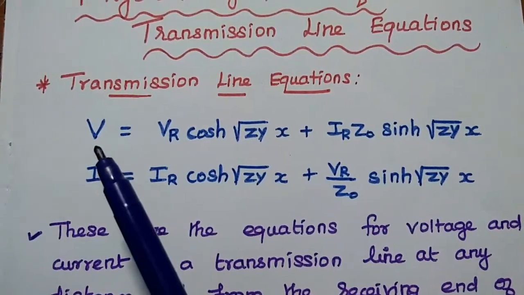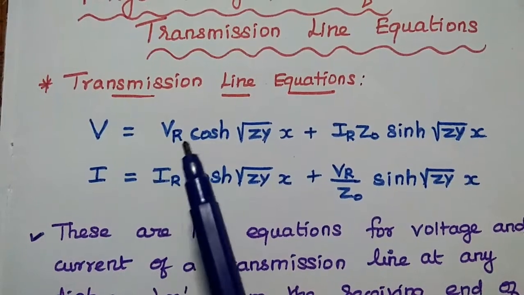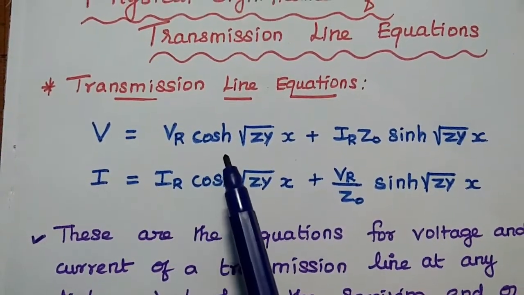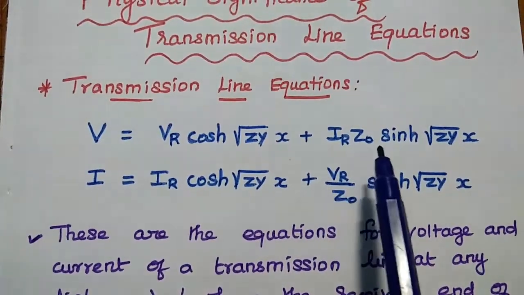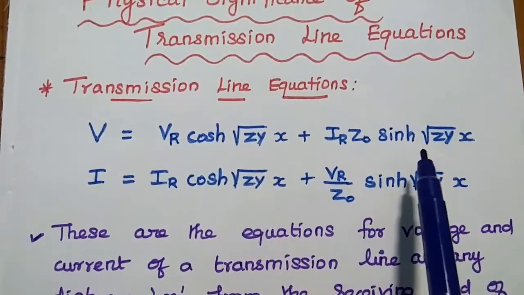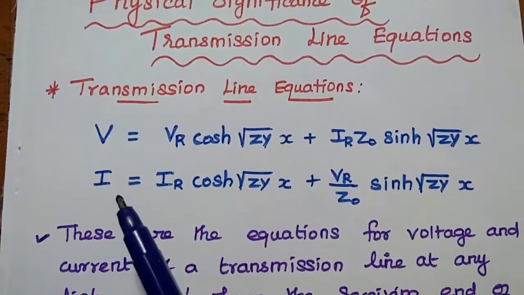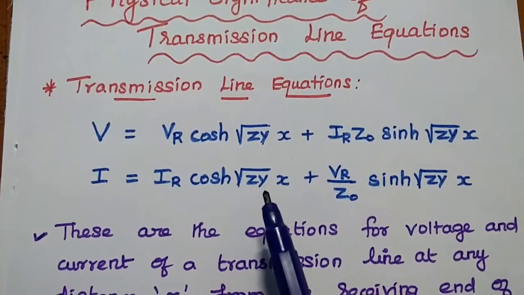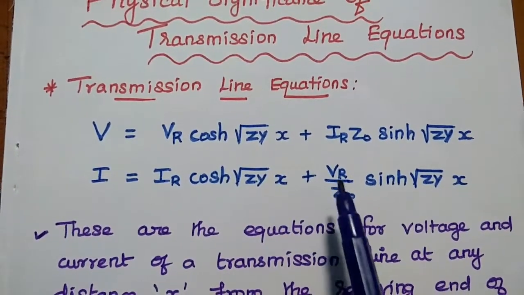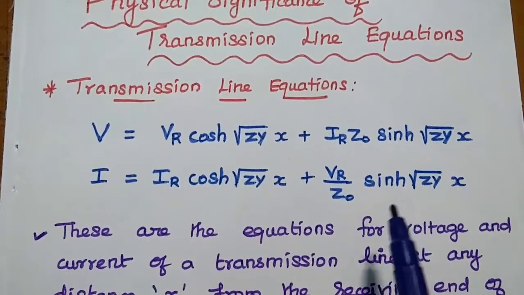So here, voltage at a distance x is equal to VR cosh square root of zy x plus IR Z naught sinh square root of zy into x. Similarly, the current I is equal to IR cosh square root of zy x plus VR by Z naught sinh square root of zy x.